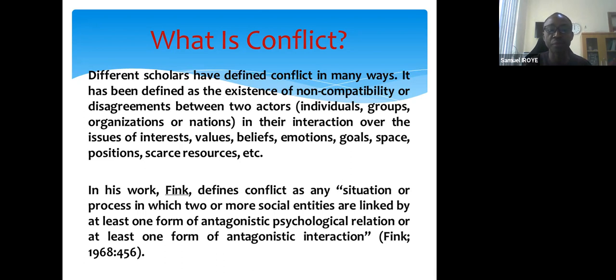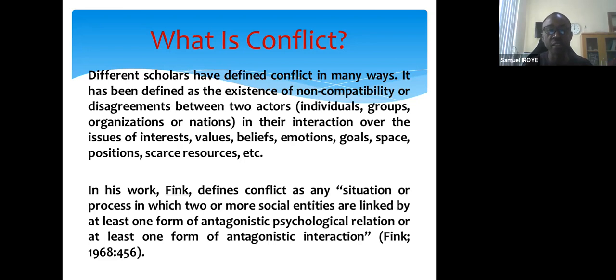According to Fink, conflict is any situation or process in which two or more social entities are linked by at least one form of antagonistic psychological relation, or at least one form of antagonistic interaction.